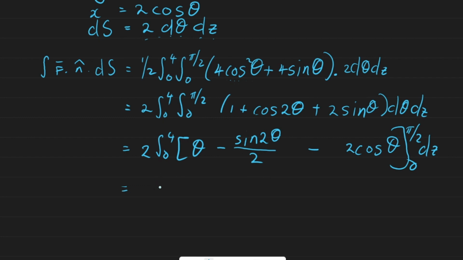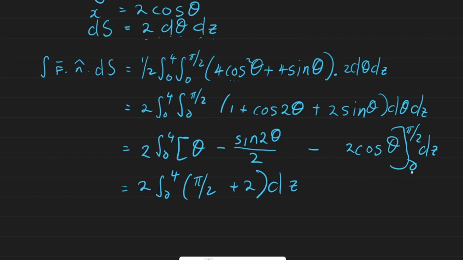So this is equal to 2 into the integral from 0 to 4. Of course, we substitute in now pi over 2 instead of theta, and then 2 times pi over 2 is just pi. Sine of pi is actually equal to 0. Then cos of 2 pi is also equal to 0. So what we're left with is pi over 2 plus 2 dz.